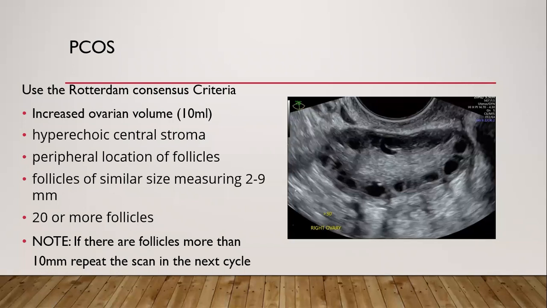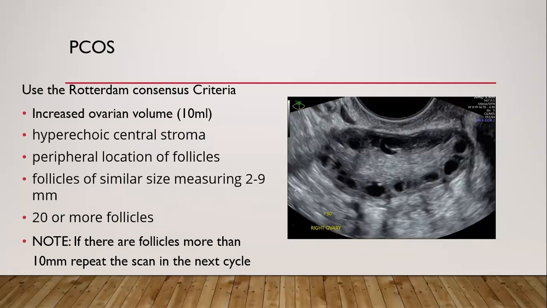Something to note: if there are follicles more than 10 millimeters, we need to repeat the scan in the next cycle. This basically means that they may not need to stimulate the ovary. The reason is simple. That could mean that the follicle we are looking at probably possesses an egg, an ovulated follicle.